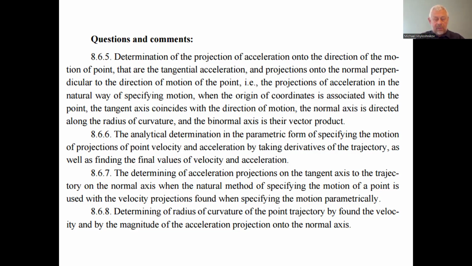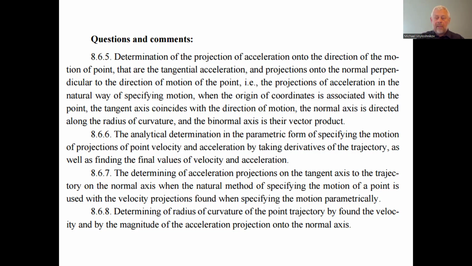Having that together, we can find the tangential acceleration using the scalar product of the acceleration by the velocity. This is one component of acceleration multiplied by one component of velocity plus the second component of acceleration multiplied by the second component of velocity, divided by the magnitude of the velocity.